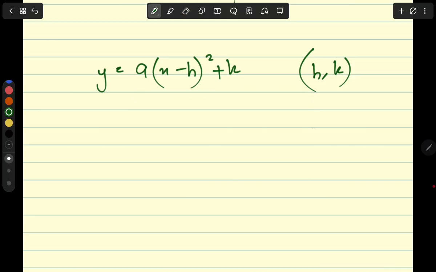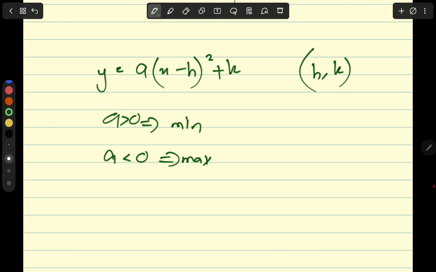Any other value, whether you take h plus 1 or h minus 1, the bracket becomes negative or positive, but squaring it gives you a positive. Let's say a is positive, so positive times positive is positive. Positive added to k gives me something greater than k. So if a is positive, the graph has a minimum. If a is negative, then the graph has a maximum.